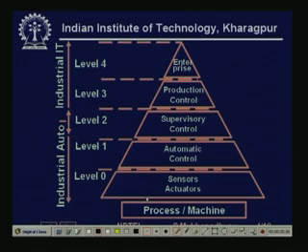They actually get the signals from the process or the machine. These sensors and actuators act as the eyes and the arms of the controllers. On top of these we have the automatic control layer, which is called level 1.